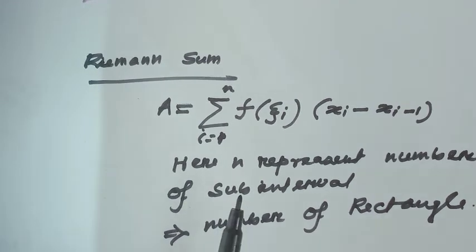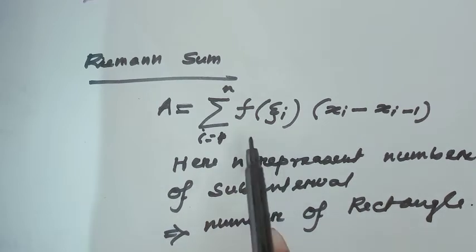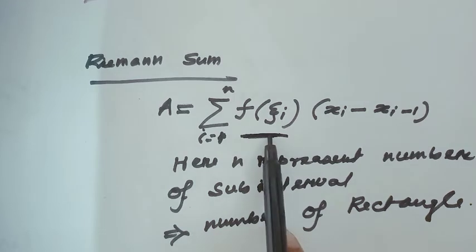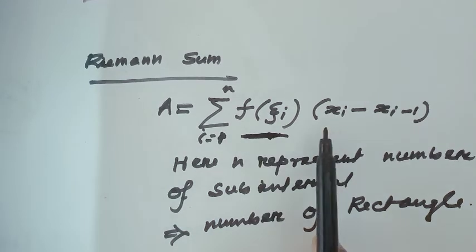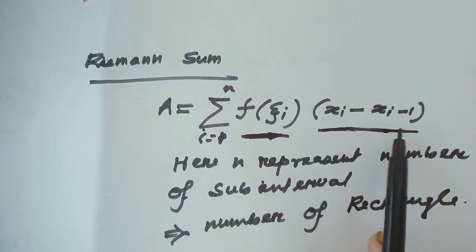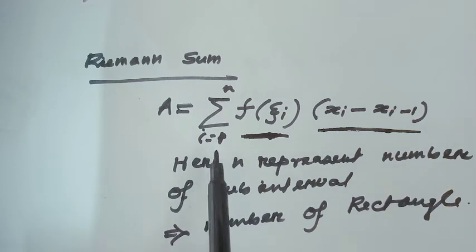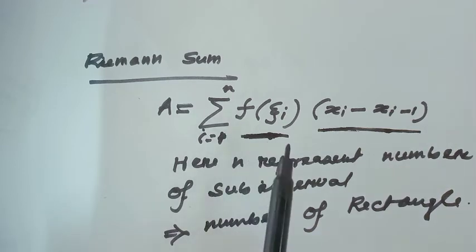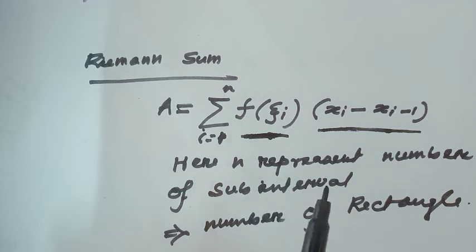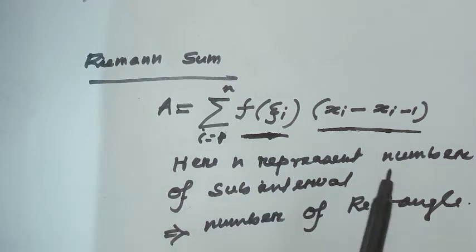The Riemann sum is defined as follows: this is the height of the function f(ξi), and this is the length x_i minus x_{i-1}, where i varies from 1 to n. This is actually the area of the rectangle, and here n represents the number of subintervals.